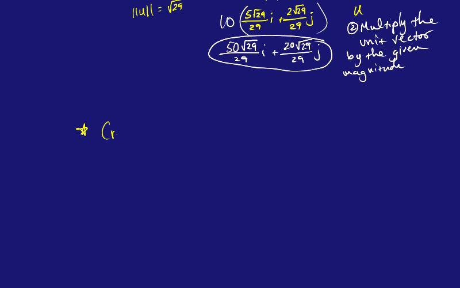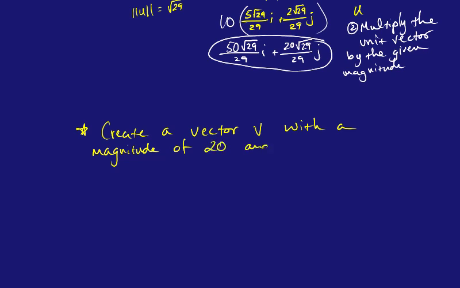It says create a vector v with a magnitude of, let's say, 20, and goes in the direction angle of 150 degrees.